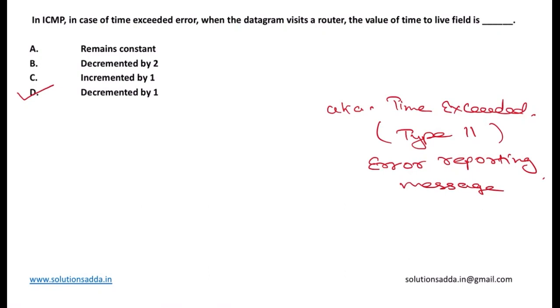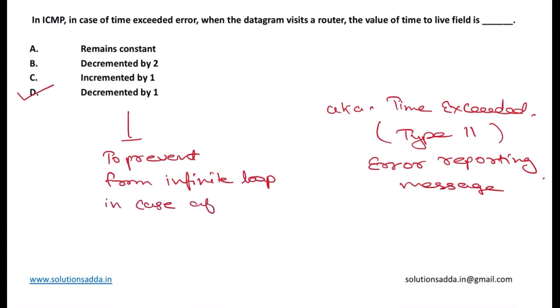Each time it is decremented by 1 to prevent it from falling into an infinite loop or traveling forever in case of unknown paths or any distraction, any disturbance from the normal path. Hence, the correct answer is option D. So, this value will be finally 0 when it reaches its destination.